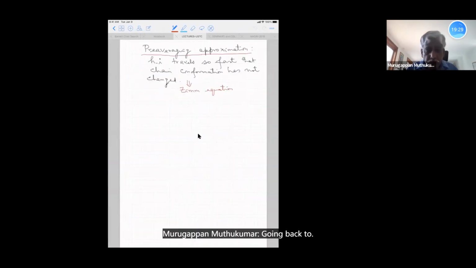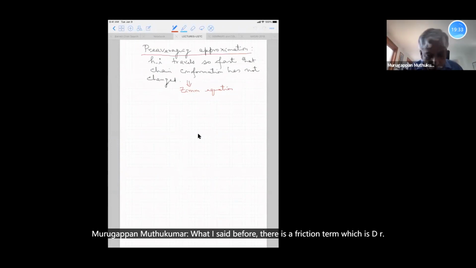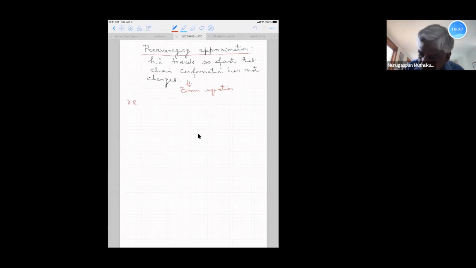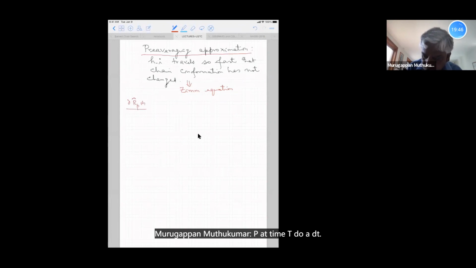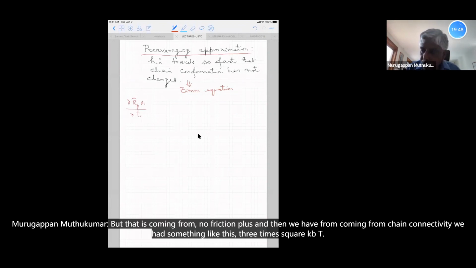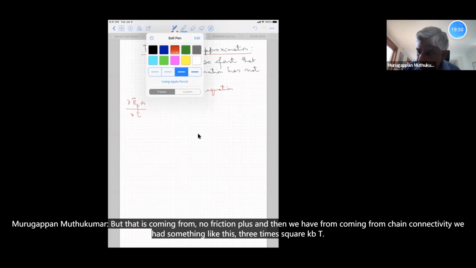Going back to what I said before, there is a friction term, which is d P hat at time t divided by dt. That is coming from friction.